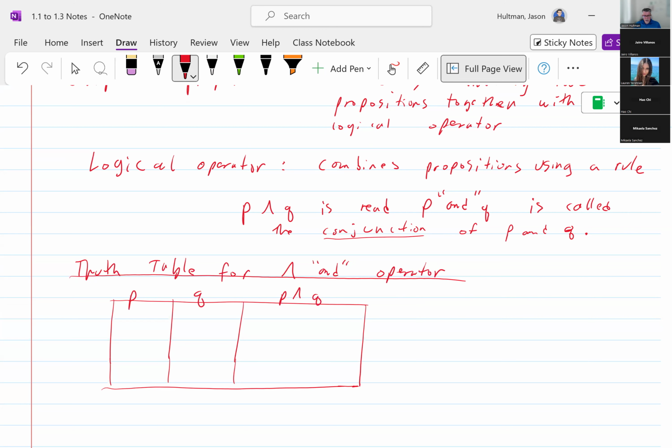So it's true if and only if both P and Q are true. Okay, so P is true and Q is true, then P and Q together is true. However, if one of them is false, then it's false. Okay, so a little bit of falseness ruins the operator. Okay, if P is false and Q is true, then it's false. And then if it's false and false, then it's false.